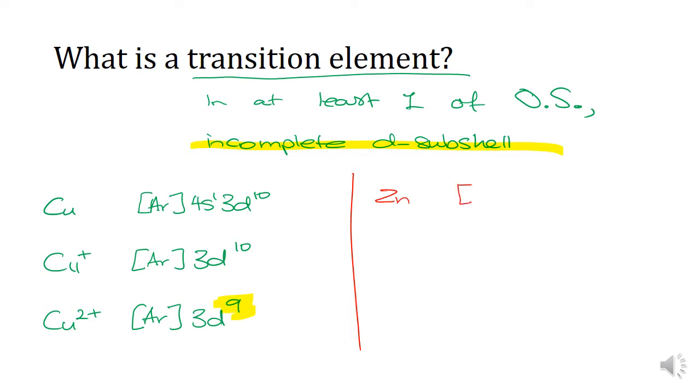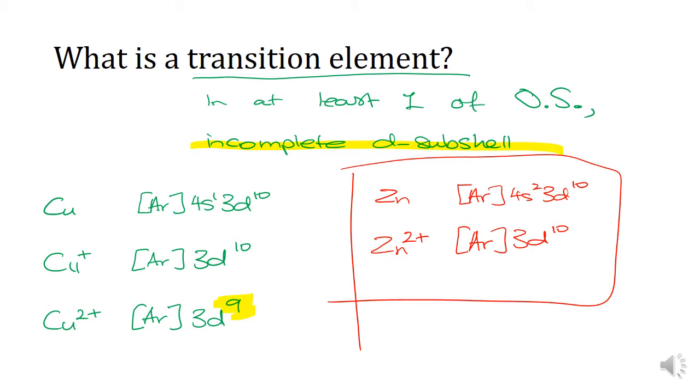Zinc is argon 4s2 3d10, but zinc only forms zinc 2 plus, which is argon 3d10. So even when zinc becomes the ion, it's got a full D subshell. Therefore, not transition.